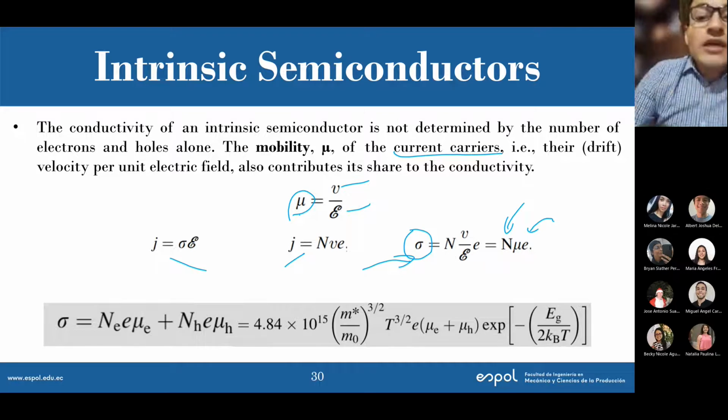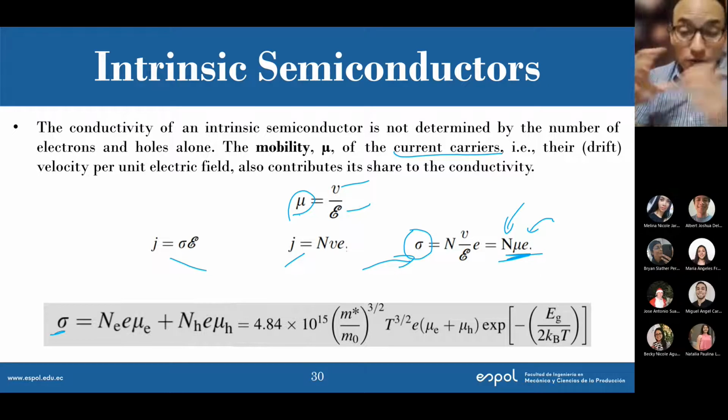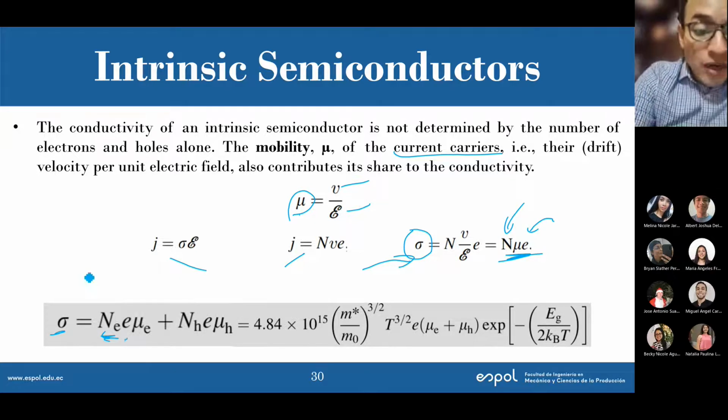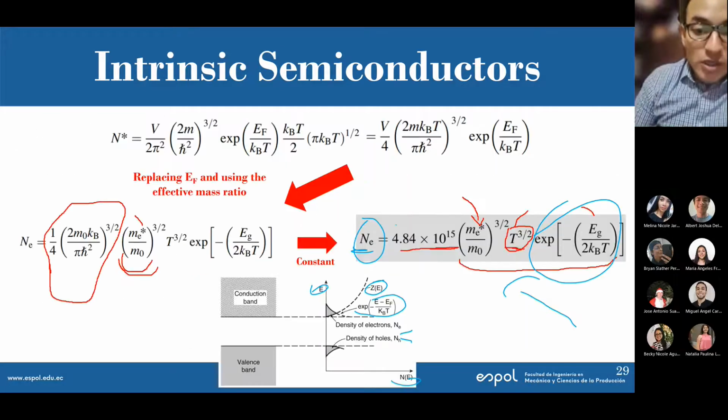Okay, if I expand this equation, I can break it into two terms and define one for electrons. That will be the number of electrons in the conduction band, the charge of the electron, and the mobility of the electrons, plus the number of holes in the valence band, times the charge, which is the same but with opposite value, and the mobility of the holes, right?